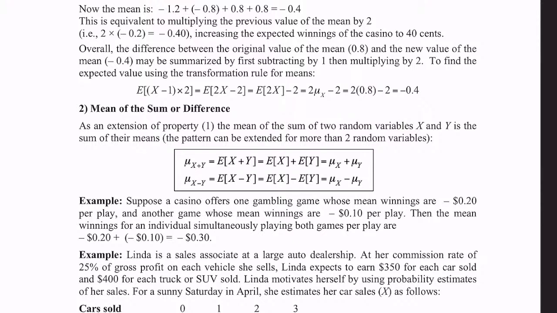Now this is different, right? I'm going to do a sum of two variables. It turns out whatever I do to the variables, I also do to their mean. So the mean of the newly constructed variable from summing the two will just be the sum of the means. Similarly, the difference of the two variables will be the difference of the means.